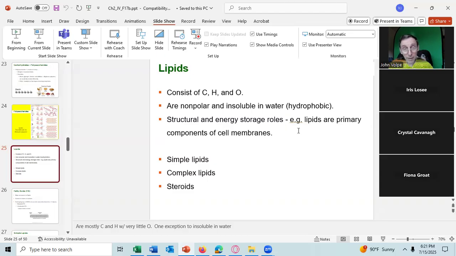Lipids are a primary component of the cell membrane. And if ever you need a lot of energy, lipids contain the most energy per molecule of any other molecule. So let's say you're in Point Barrow, Alaska in the wintertime, and your car breaks down and you have a bunch of food in your car.